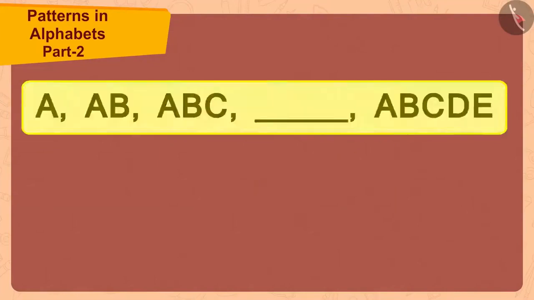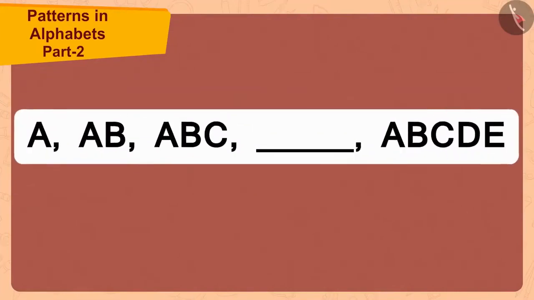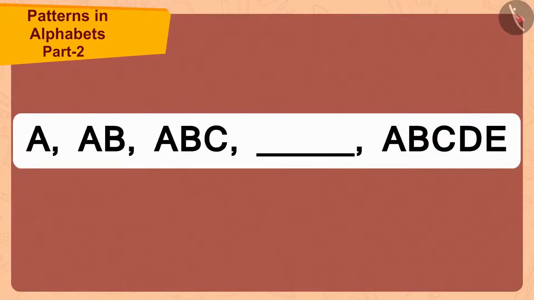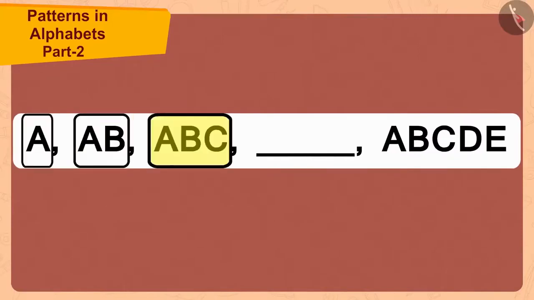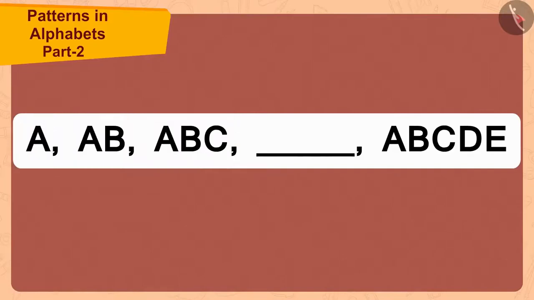If we look at this pattern closely, we will find that every time the letters are being repeated, the next letter is being added to it. Like the first letter is A. The next time A is repeated, B is added to it. And when AB, both these letters are repeated, then the next letter C was added to it.